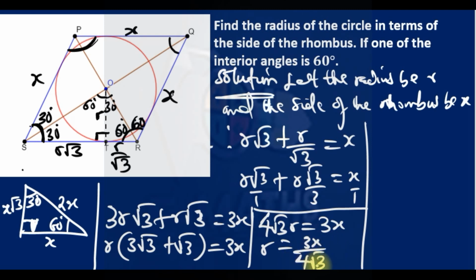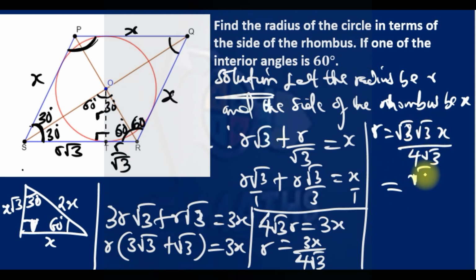You can still rationalize, since 3 is root 3 times root 3, so we have root 3 over 4 times x. So that's our radius, the radius of this circle in terms of the side of the rhombus.